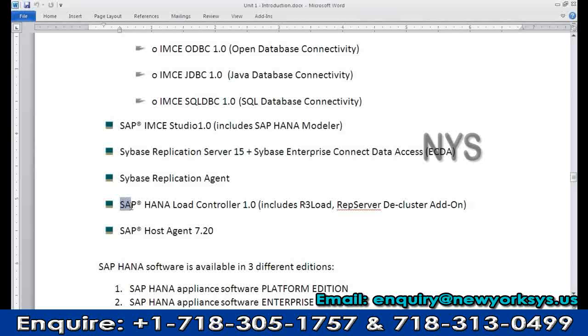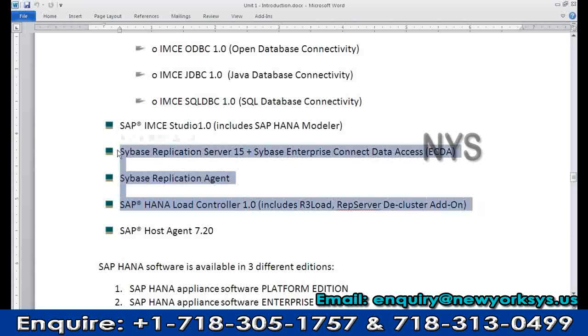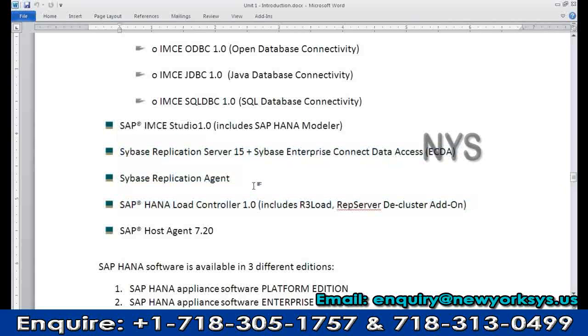The next component we are looking into is the SAP HANA Load Controller. These 3 components are also part of your log based replication. Like I said, when Sybase built their replication technology, they only wanted it to be available to Sybase customers. So when SAP came into the picture, they added some components of their own into the HANA database to build the current product.